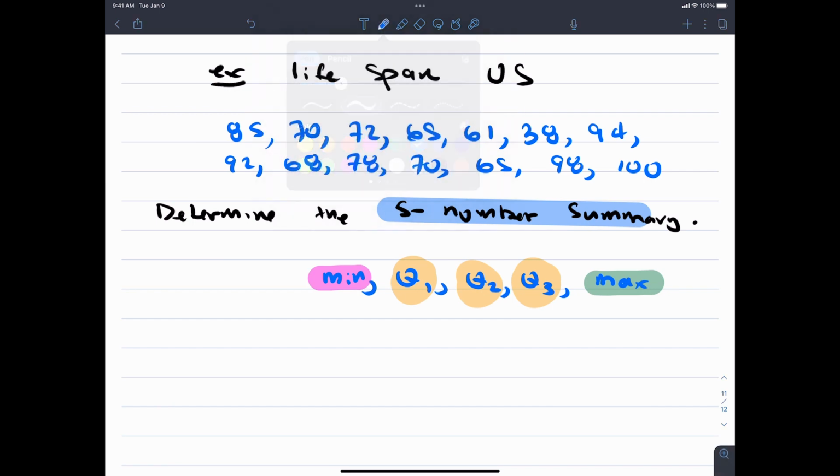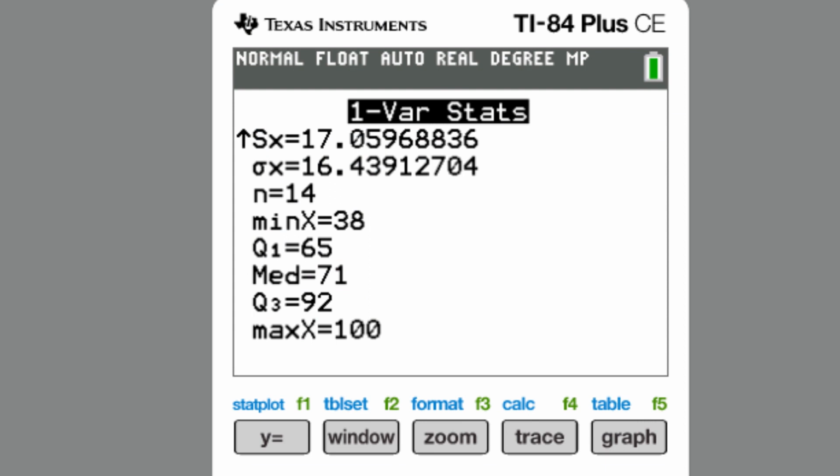What's the minimum value? Does that calculator give me a minimum? Say yes. What's the minimum? 38. Do you guys see the 38 there? Okay, what's below 38? Q1. What do you think that stands for? First quartile. And then what is that med again?